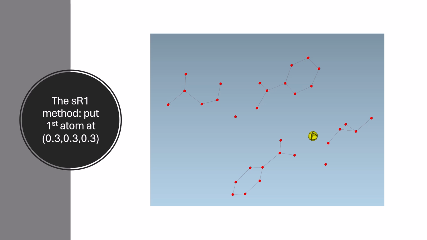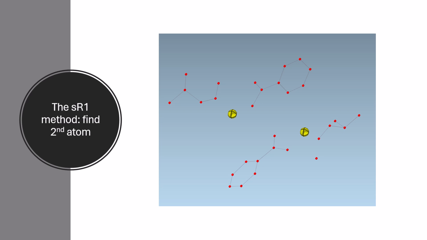So we predict there is a local minimum at each location where there should be an atom. Obviously, we should put the second atom at the lowest local minimum point. Let us say here is the lowest local minimum point, and we put the second atom here.